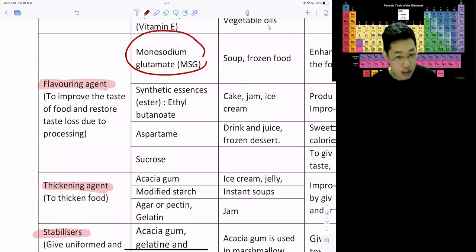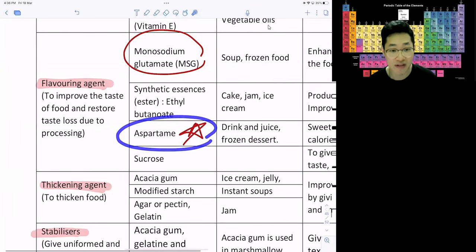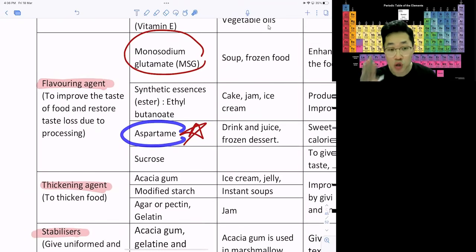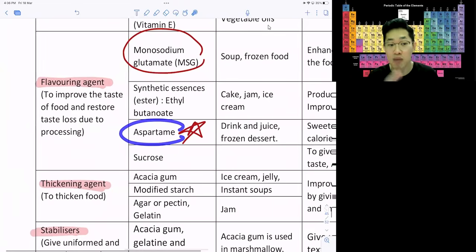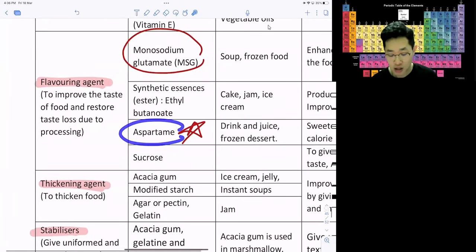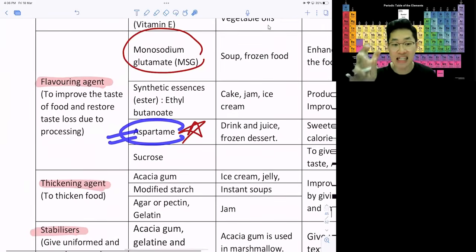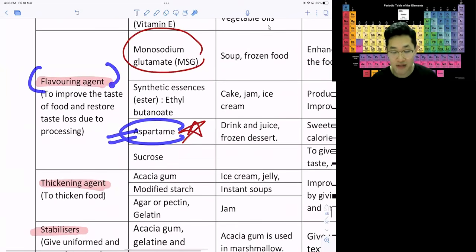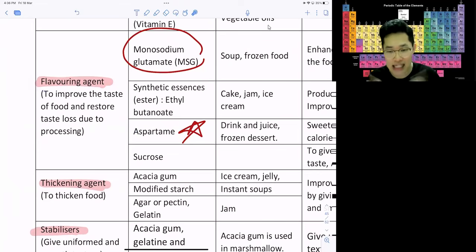MSG from Uncle Roger. And then this one is one of the most important examples for flavoring agent. They always come out, this one. Aspartame is used to replace the normal sugar. So diabetes patients would take this aspartame. Okay, what is the purpose of flavoring agent? Improve the taste of the food.